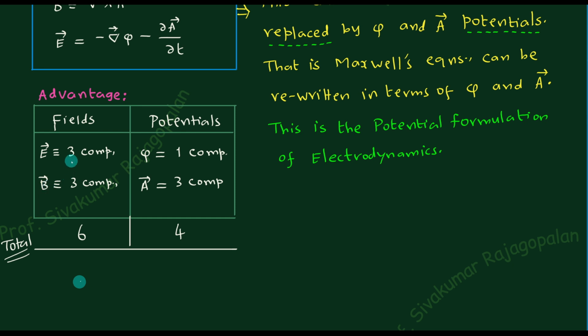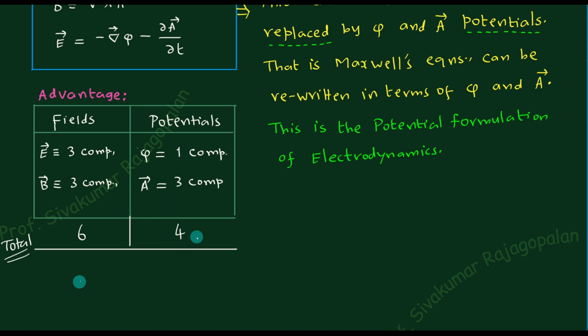So if you want to deal with the mathematics of electromagnetic fields, you have to work with 6 components. You have one differential equation for each component, so you have to deal with all 6 of them. But with the potential formulation, because phi is a scalar, this becomes 1, and with A's 3, 3 plus 1 becomes 4. So I am able to reduce two differential equations. This is one advantage.